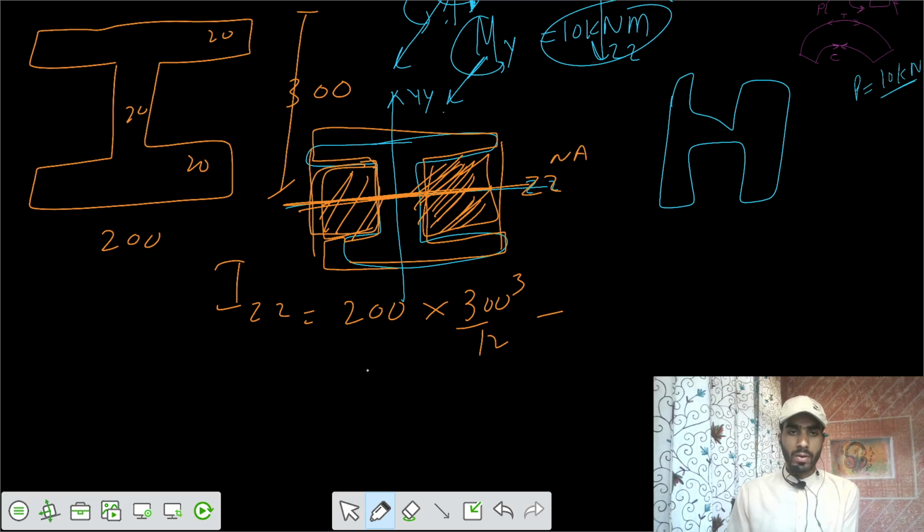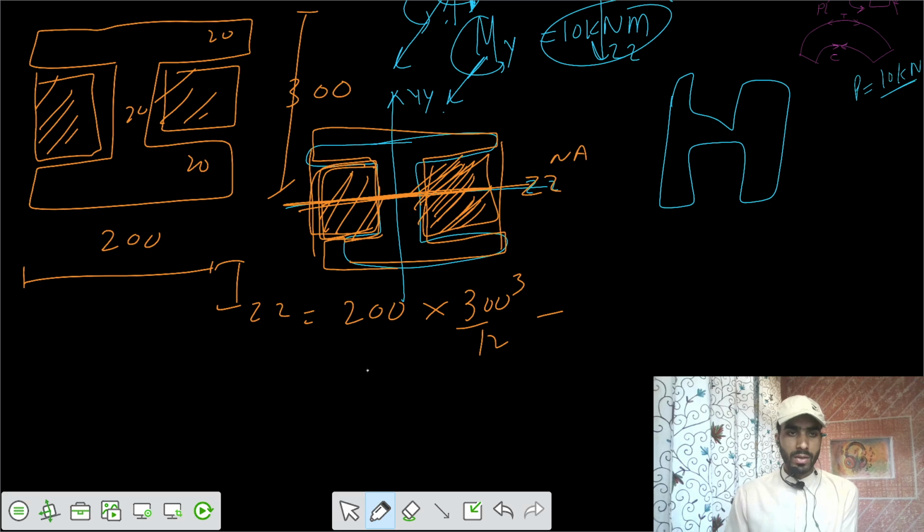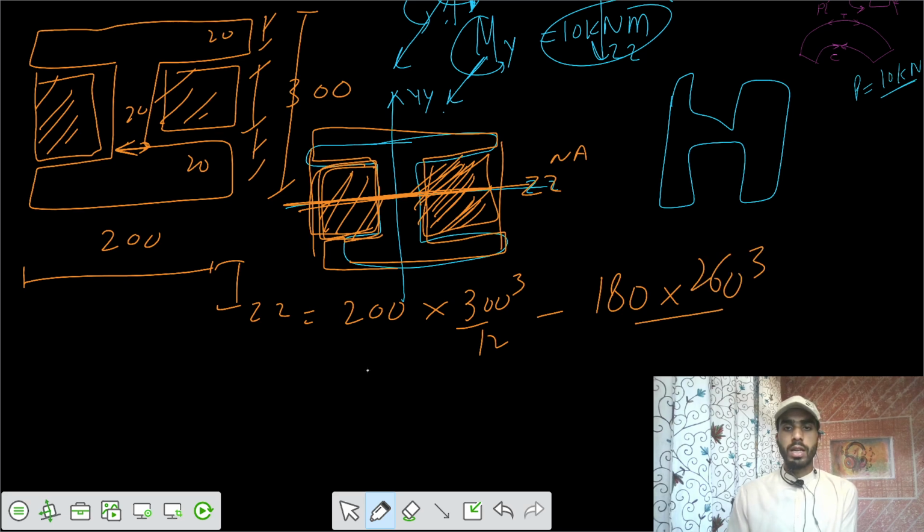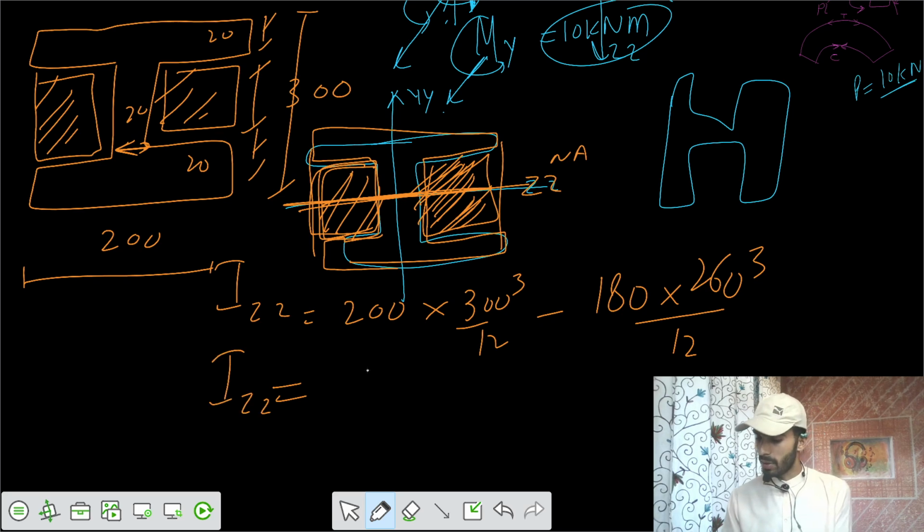The total is 200, so if you subtract 20, you get 180. So you write 180 into depth. The depth is 300 minus 20 and minus 20, so 260. So 180 into 260 cubed by 12. Finally you get Izz equals 186.36 times 10 to the power 6 mm to the power 4.